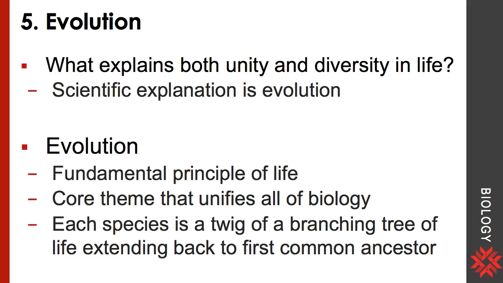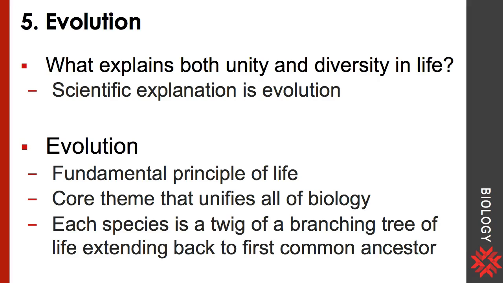None of them look anything alike. They all get food in different ways and reproduce in different ways. But if you zoom down to the cellular level, we all have common cellular processes. We all have DNA, our genetic instructions. So when you zoom way in, even a mushroom, a tree, and a human that appear so diverse are actually very similar. So you can see unity at those smaller levels of life.